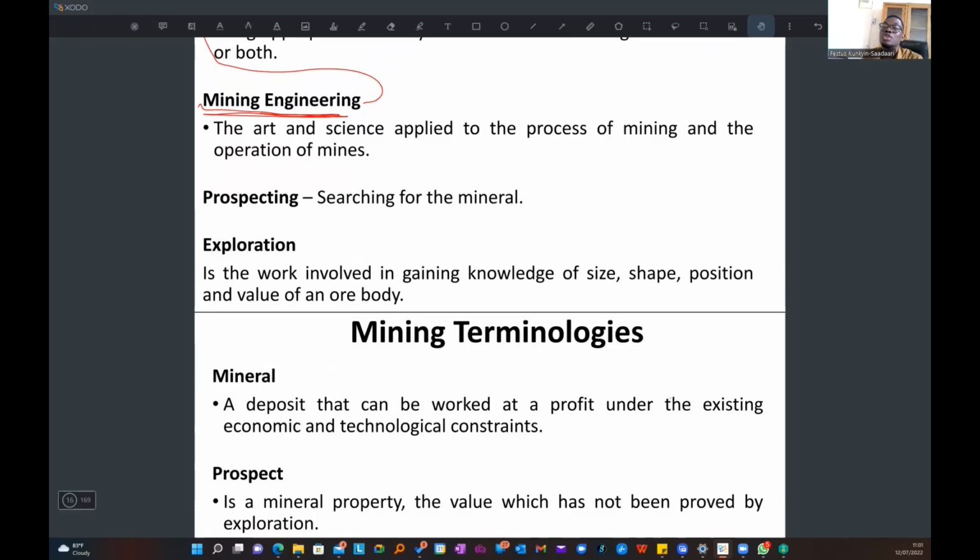So now you want to go into detail to know all the nitty-gritty about that mineral you have identified at a particular location. You want to find out the size of it. So let's say you have been able to identify that there is gold in Takwa campus, the land upon which our campus is. You have been able to come and identify that there is gold here and our campus is sitting on top of it.